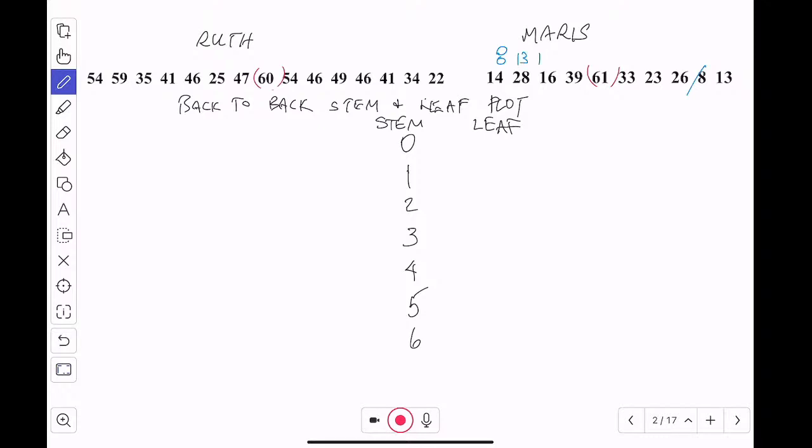Sometimes the data comes in order, like in the spending data, and sometimes it doesn't. 16. And there's just a few, so it's not so tedious. It'll be done quickly. 23, 26, 33, 39, and 61.